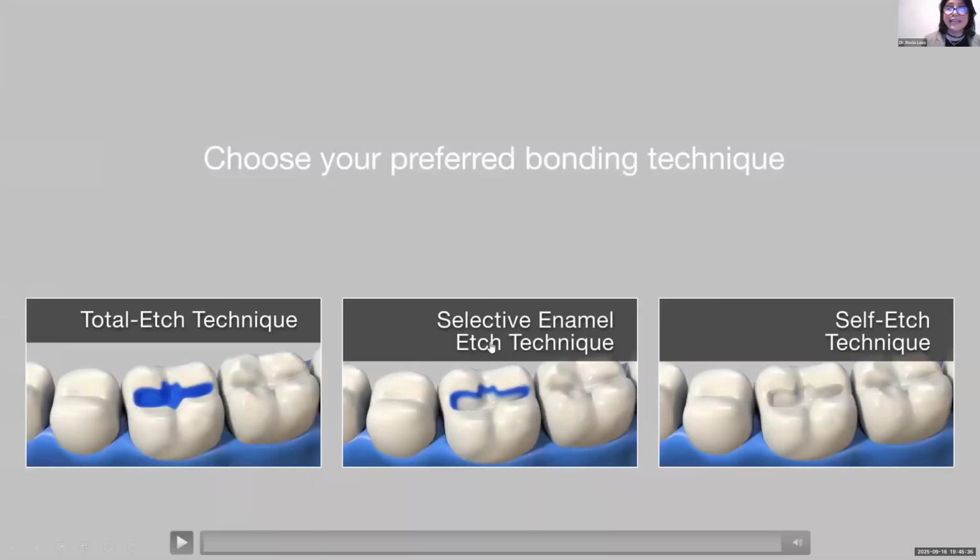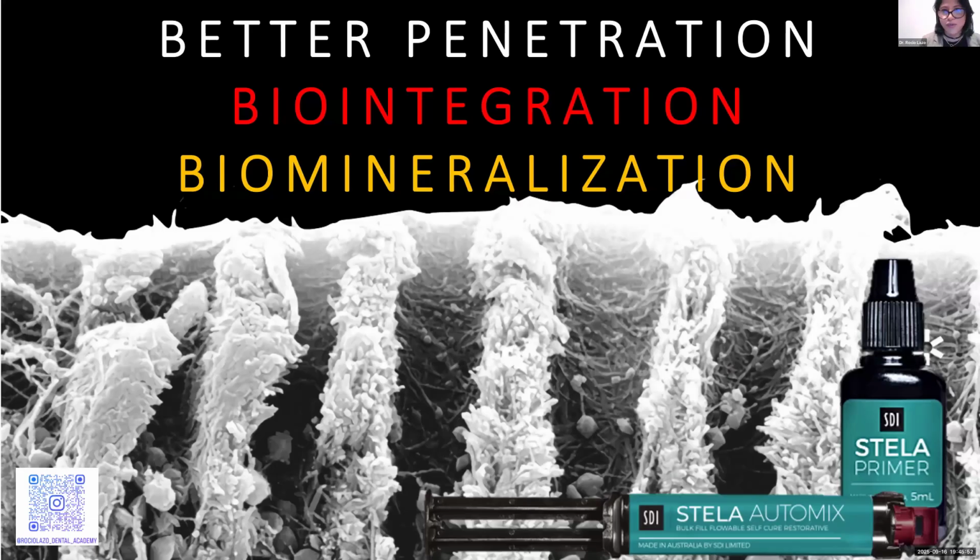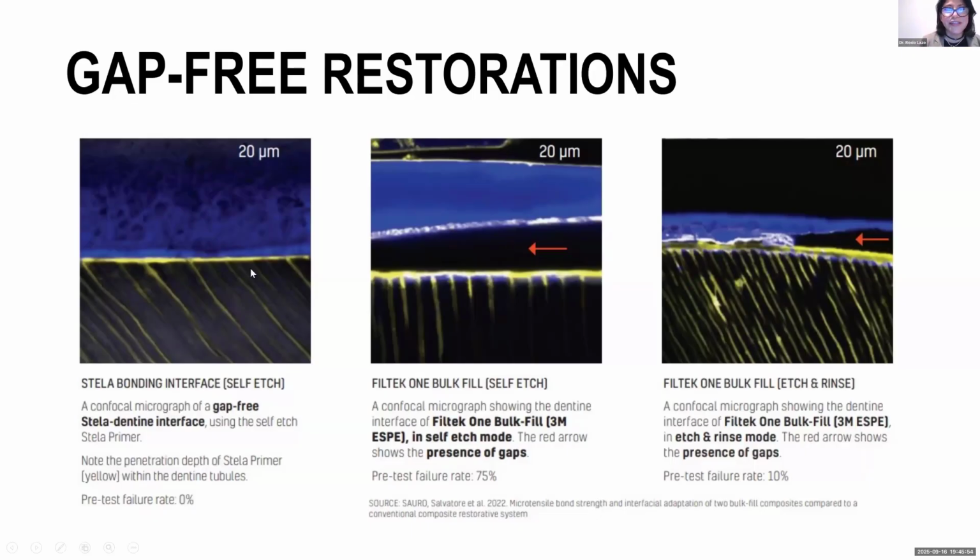If you want to do a selective enamel etch, only in enamel, you can use Stella primer and it works great. And if you don't want to use etching, in dentin or enamel, Stella primer will work perfectly too. This is the difference. Stella works with integration, gap-free, and with the regular resin that works with adhesives, of course you need the hybrid layer and you have gap problems.